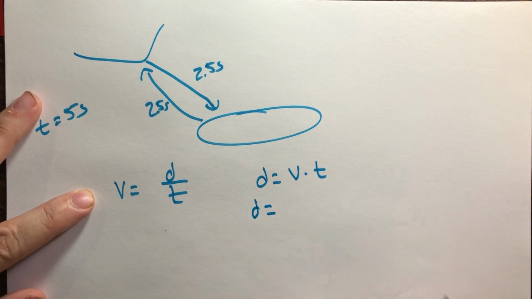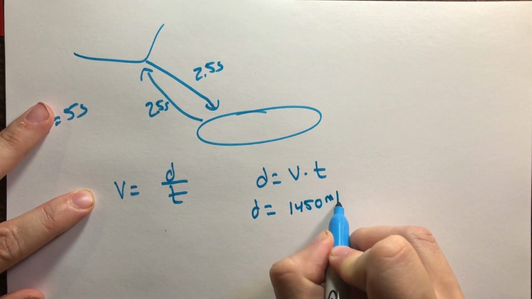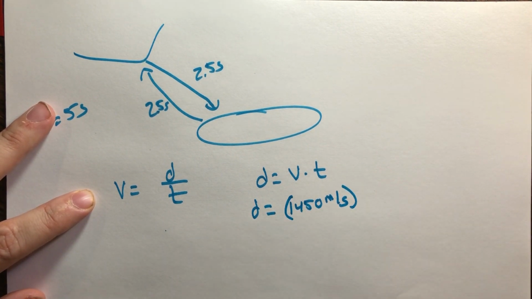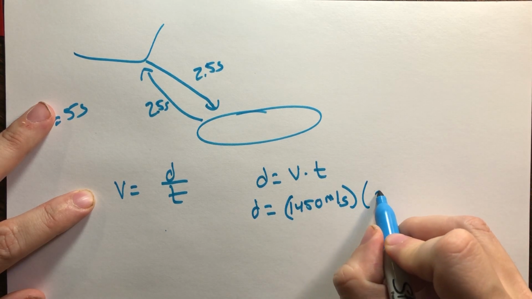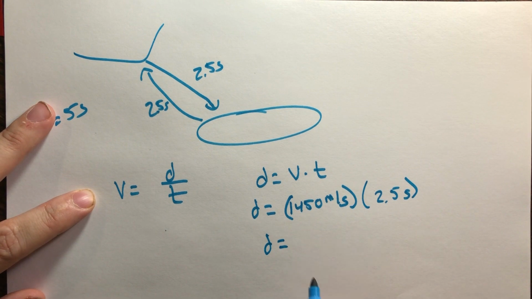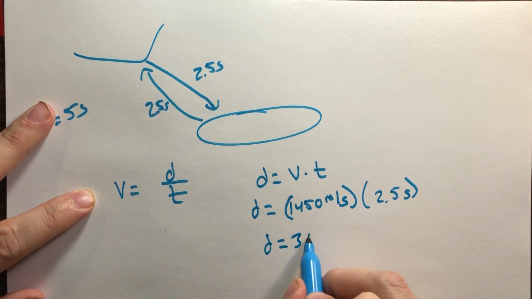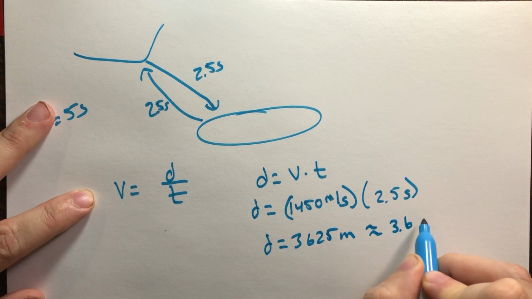So we could just simply plug in our velocity of 1450 meters per second that we got from part 2, and then our time of 2.5 seconds gives us a total distance away of 3,625 meters, which is about 3.6 kilometers away.